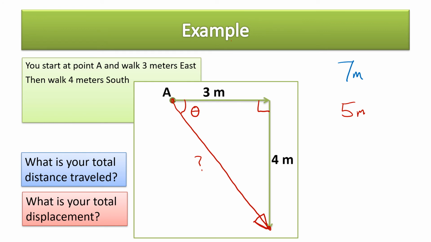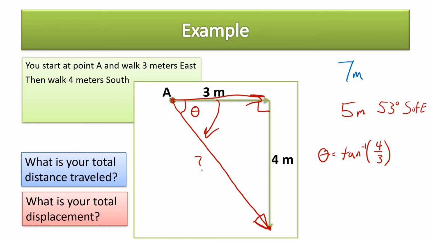But again, it's not enough to give the magnitude when naming a vector such as displacement. You also need to include the direction, and we'll do that by taking the inverse tangent, which gives you an angle of 53 degrees. In this case, we're going 53 degrees south of east.